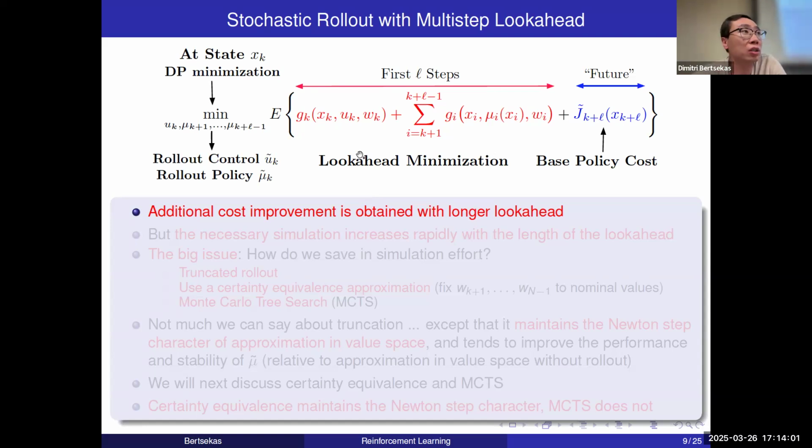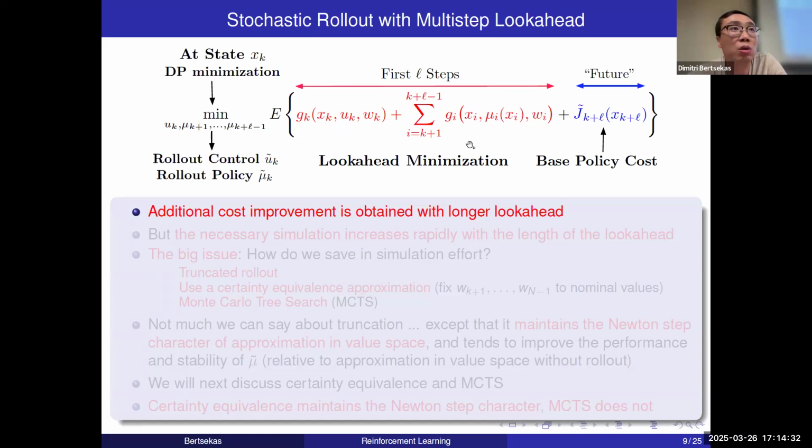However, here is a major difference compared with one-step lookahead. In one-step lookahead, we minimize over uk, right? Given that the problem is stochastic, after applying xk and uk, some stochastic quantity is generated, which leads to a state we do not know beforehand.